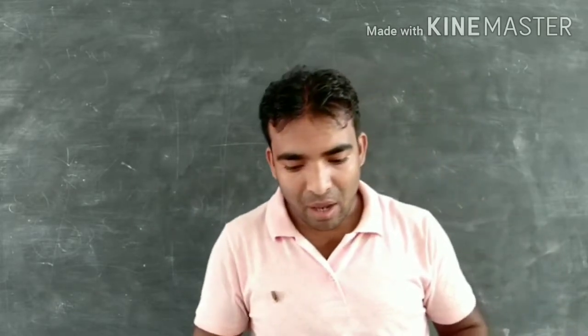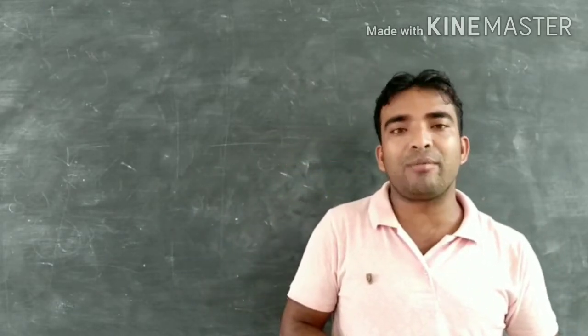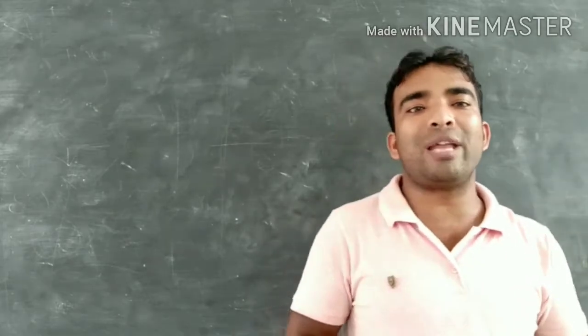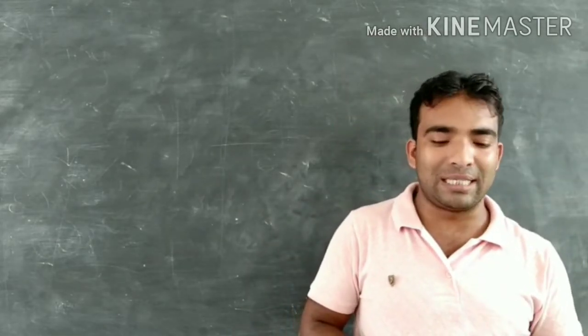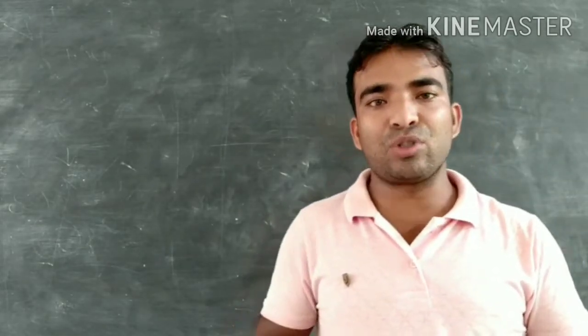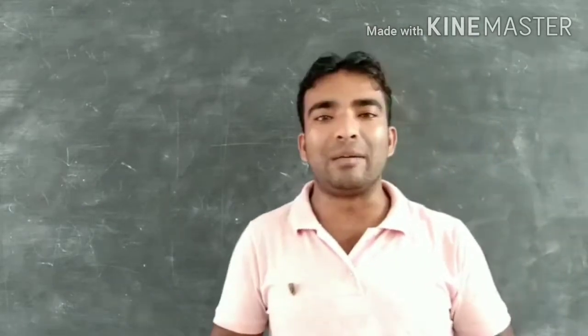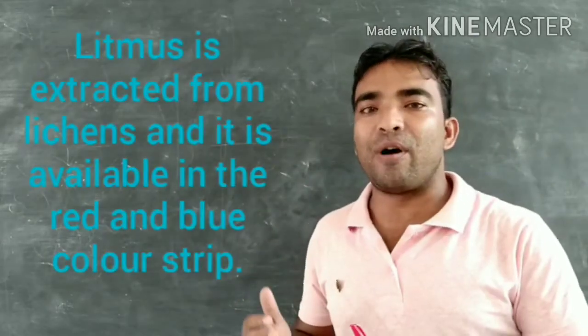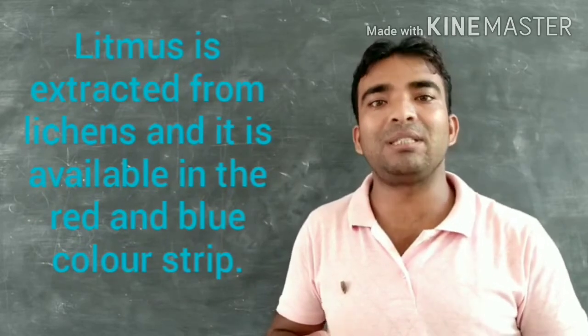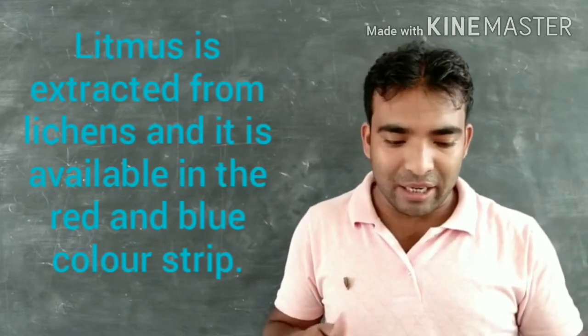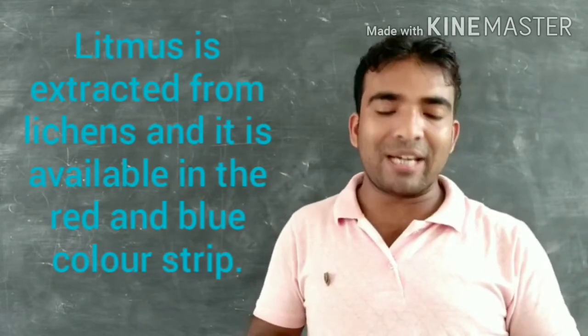By observing the color we can understand that the substance is acid or base. And when we are talking about the indicators, the most common example of the indicator is litmus. Litmus is extracted from the lichens, and it gives a red color.